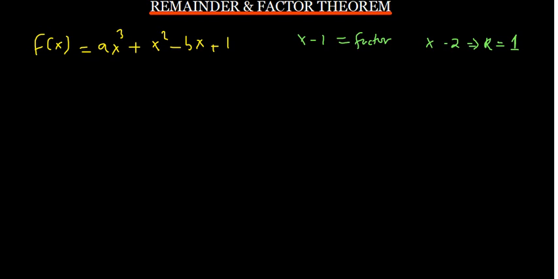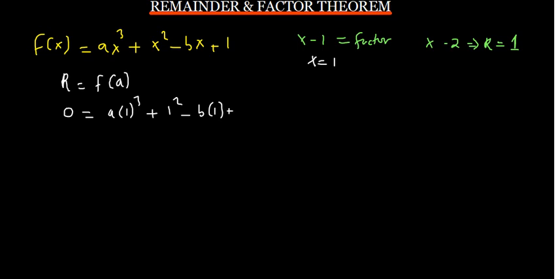So we are going to say the remainder is equal to f of 1, and we know that for this one, the remainder is 0. We equate x - 1 to 0, so x is 1. Where there is x, we put 1: a times 1^3, plus 1^2, minus b times 1, plus 1.